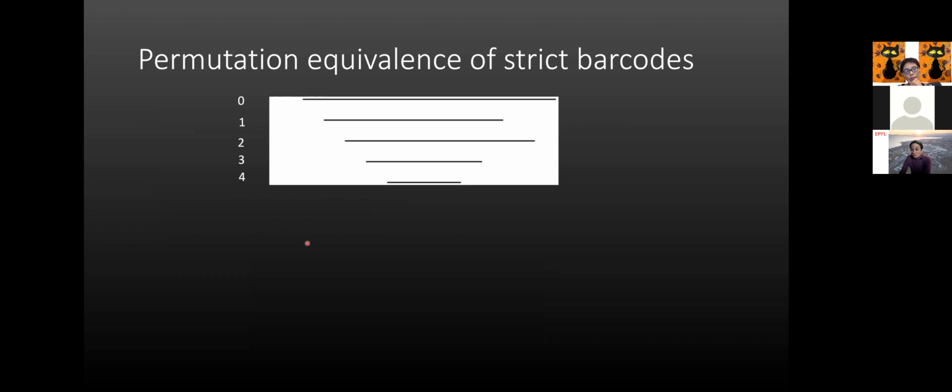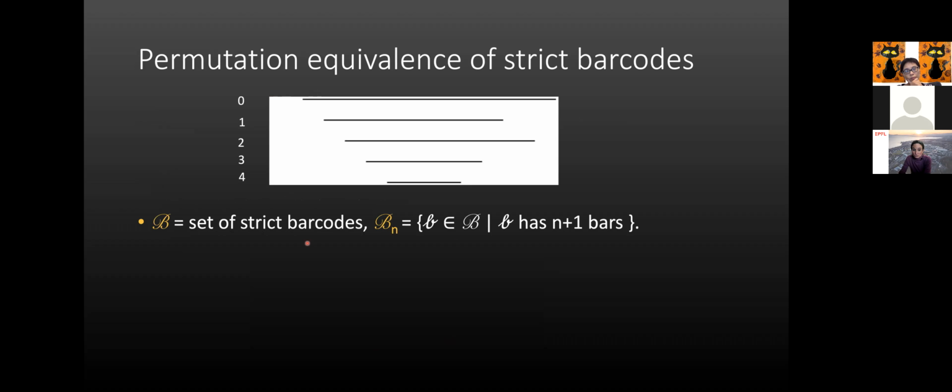One can associate a permutation to any barcode in the following straightforward way. First of all, let me just introduce notation for these barcodes. Call B the set of strict barcodes, and B_n those strict barcodes that have exactly n+1 bars. The +1 is because I always have this extra bar, the biggest bar that contains all the others, so it plays a special role.